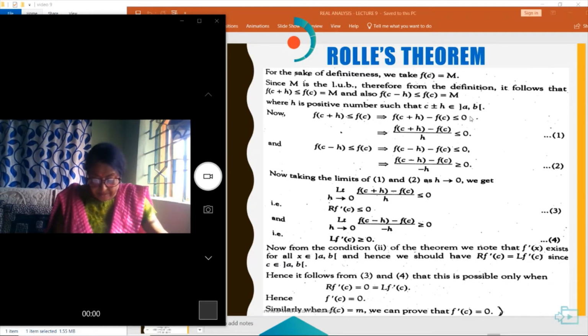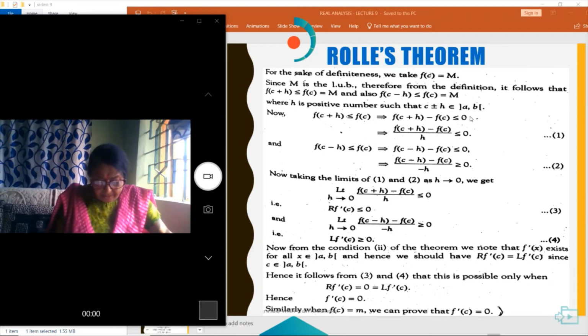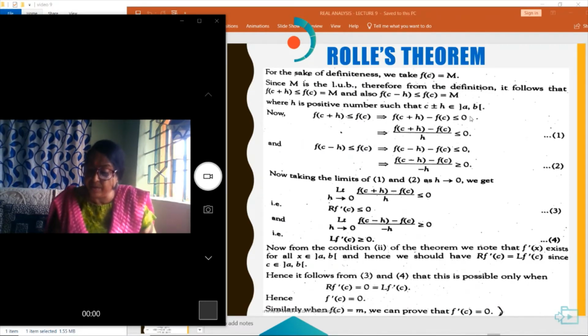Taking 1 and 2, the right hand derivative is less than or equal to 0, and the left hand derivative is greater than or equal to 0.